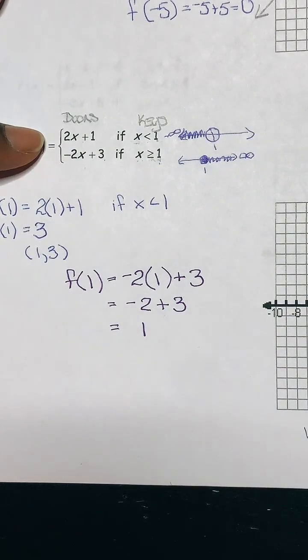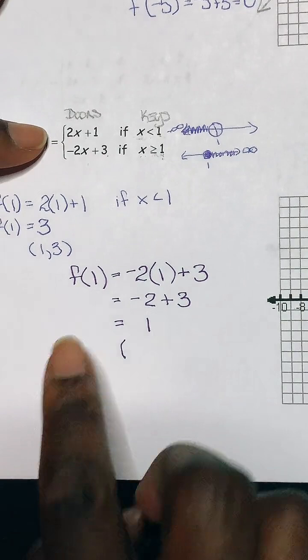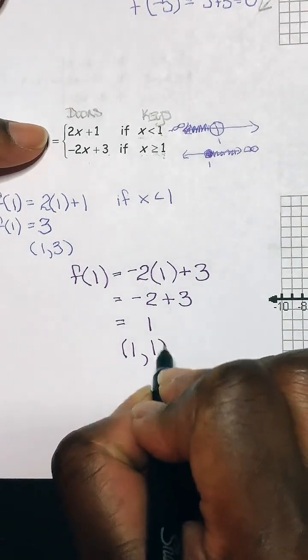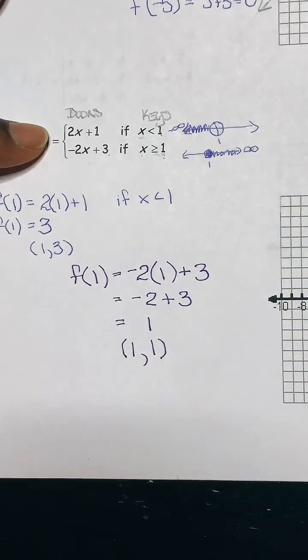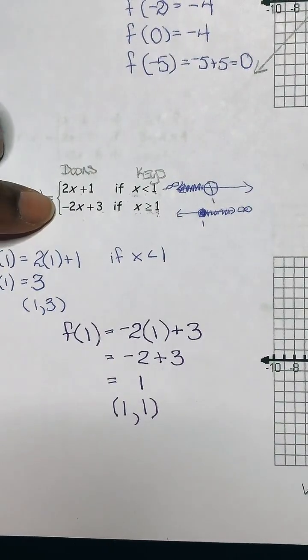Good. So the ordered pair that we're looking for, when x is 1, our y value is also 1. Now, are we going to put an open or closed?